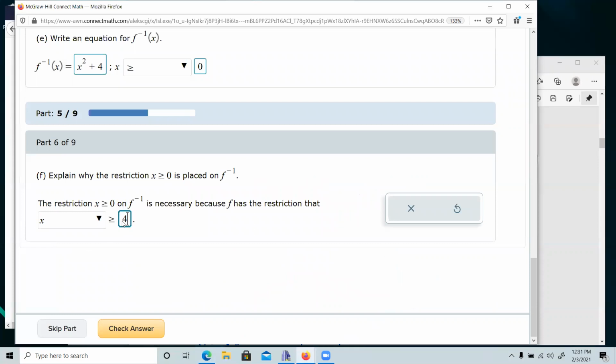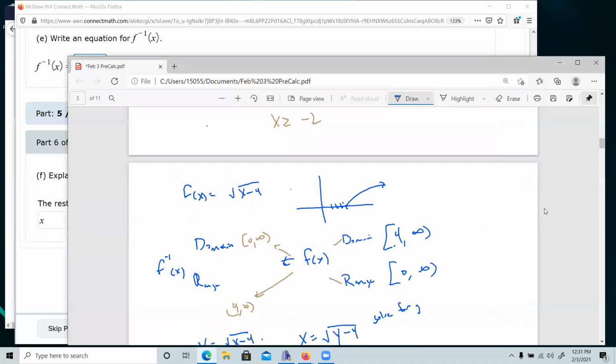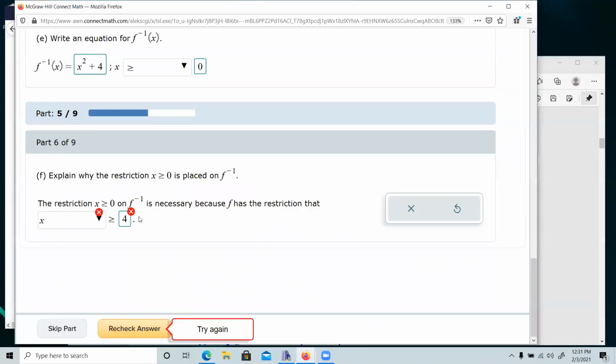Just 4. So x has to be greater than or equal to 4.